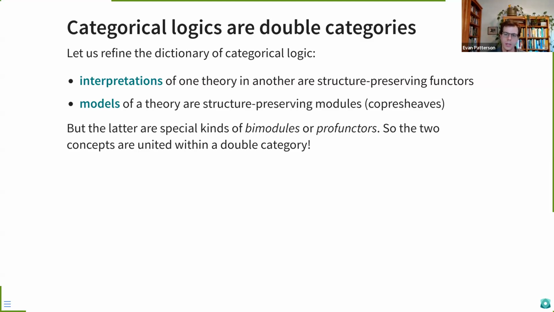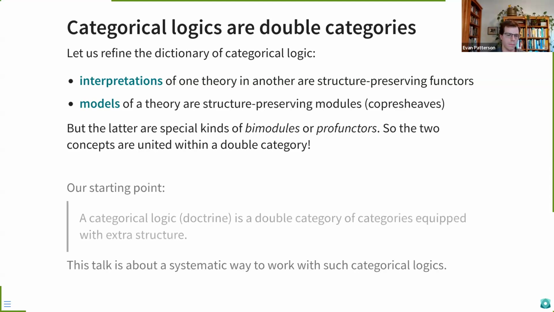And this is our first connection with double categories specifically as a kind of two-dimensional category, because double categories are precisely the kind of thing in which one can talk about, on the one hand, functors, and on the other hand, profunctors or bimodules, which can be specialized to modules.